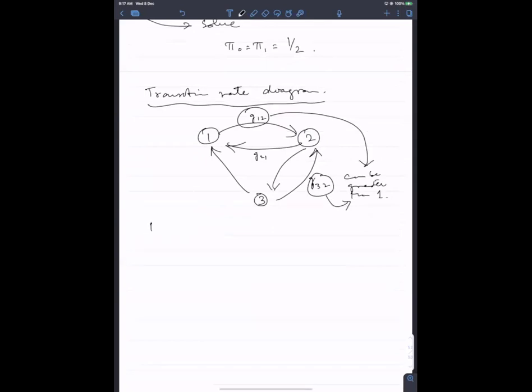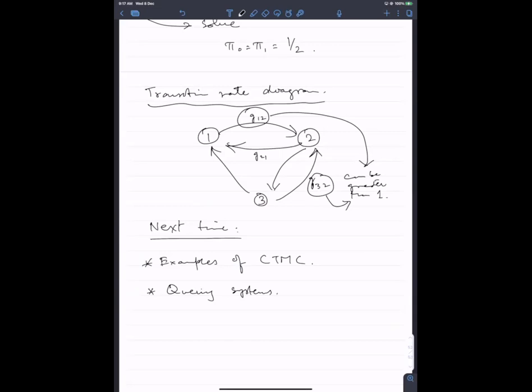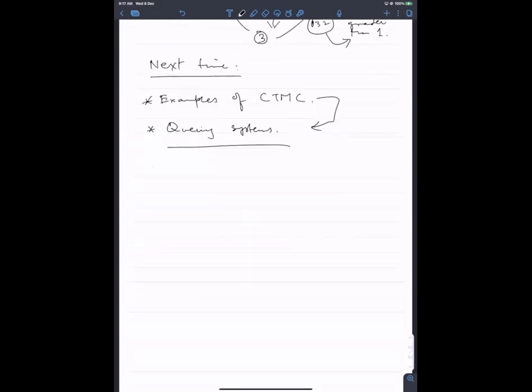So next time we will do 2 examples of Ctmc and a little bit of queuing systems. Not too much in queuing systems. कुछ तो हमने चीजें पहले cover कर ली हैं. When we cover Ctmc, we will implicitly be covering queuing systems as well. Okay. So we will cover this next time.